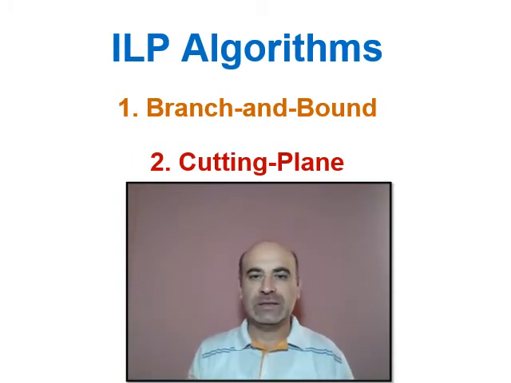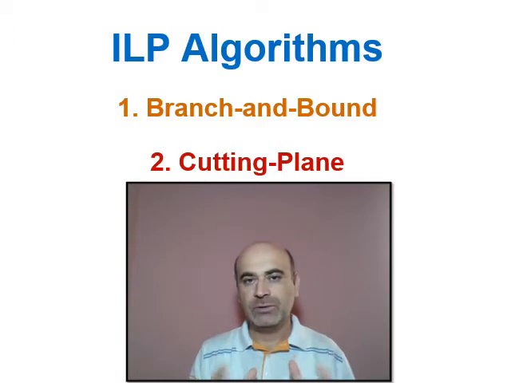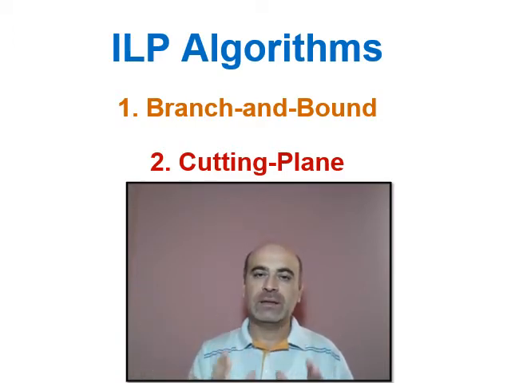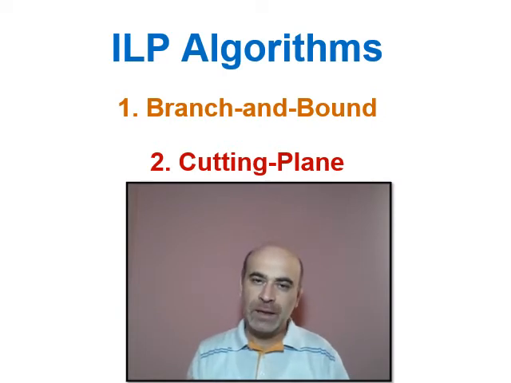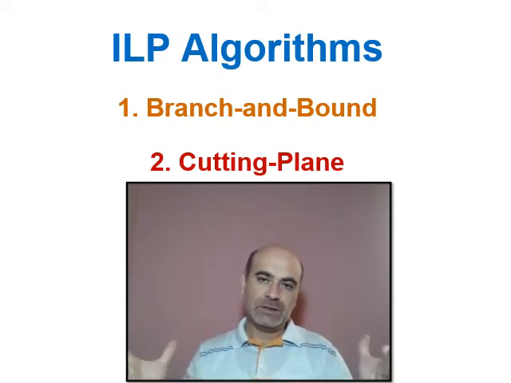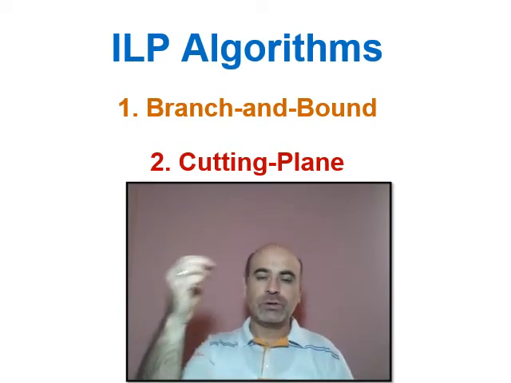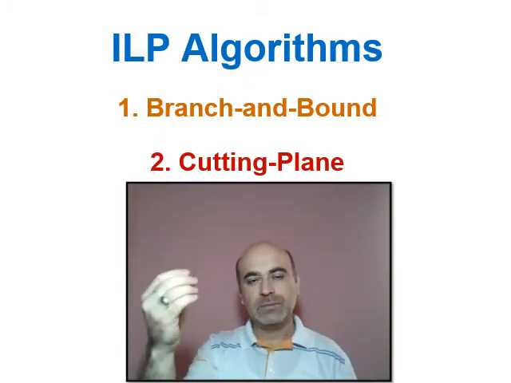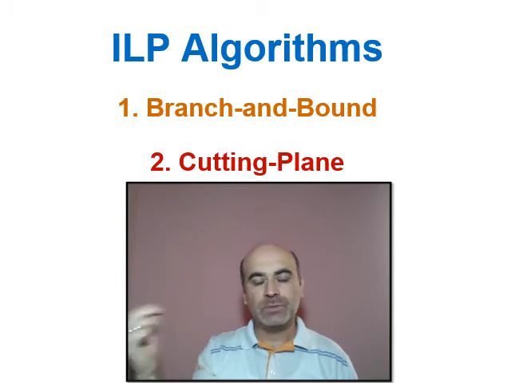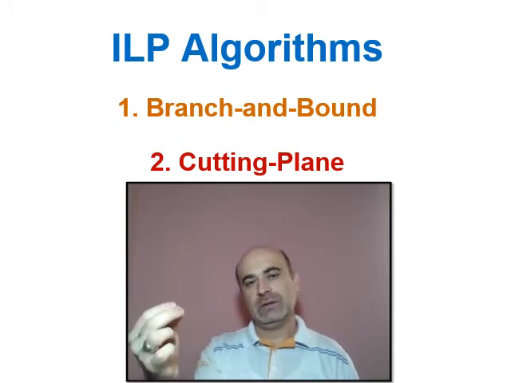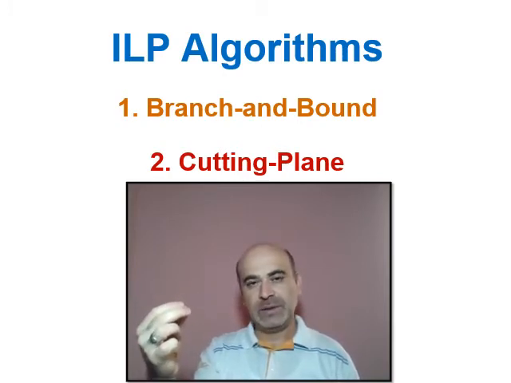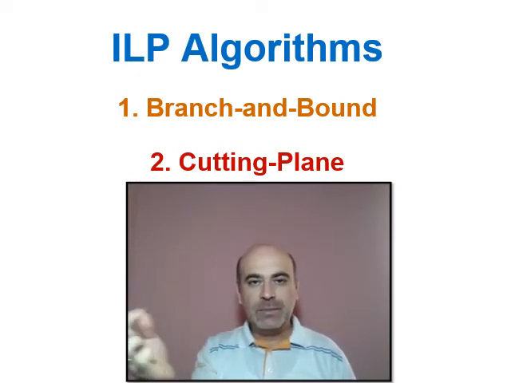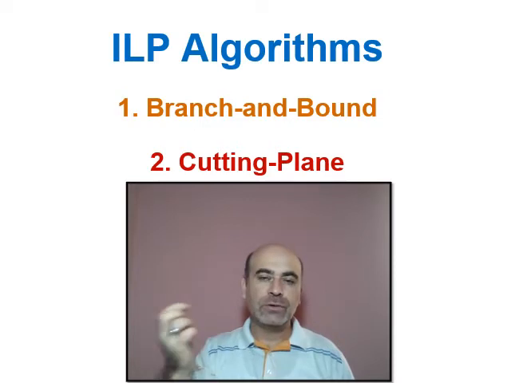The answer is yes, we can do this, and by doing this, we will make our algorithm faster. It will find the solution quicker, because in the previous case, the optimum solution of the LP relaxation, when we include a cut, most probably the new optimum solution to the new problem will be in the neighborhood of this one.